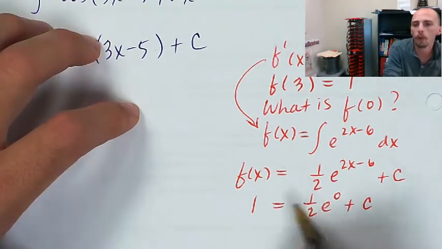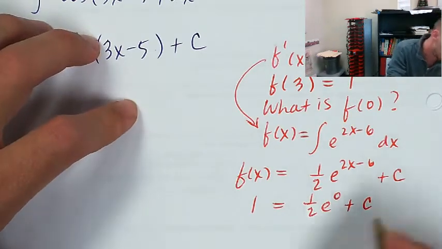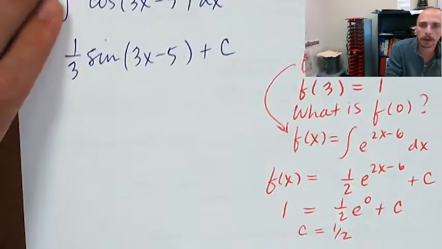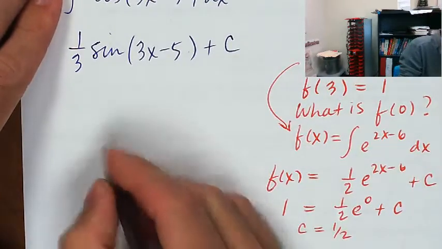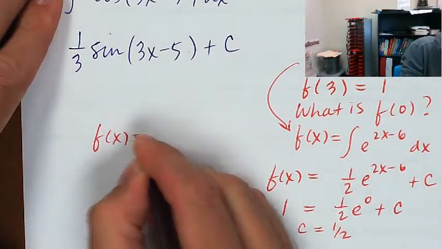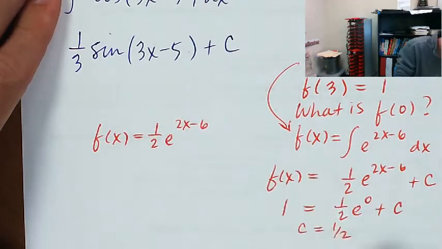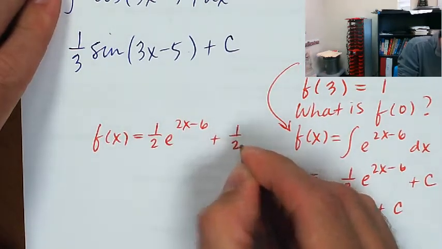And so 1 equals 1/2 plus c, so that means c equals 1/2. And now my function is f of x equals 1/2 e to the 2x minus 6 plus 1/2.